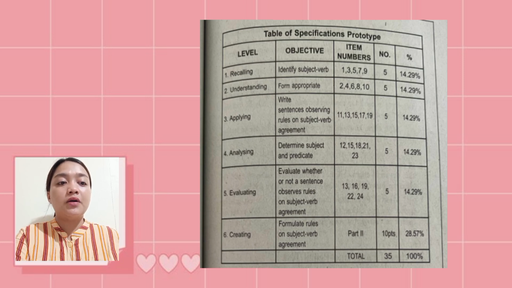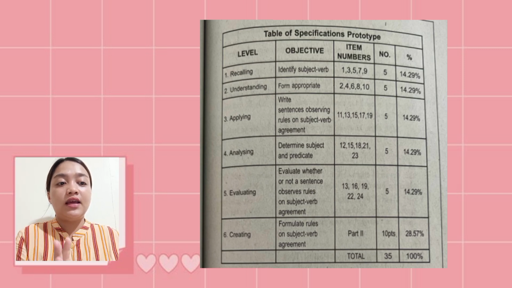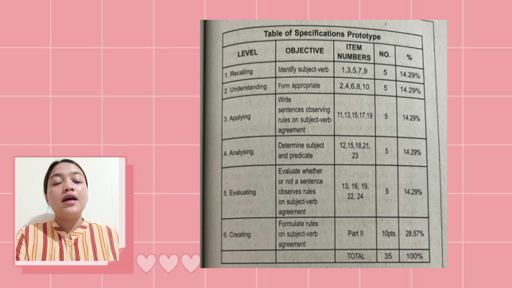So, item numbers 11, 13, 15, 17, and 19. So, 5 items also. So, the percentage is 14.29%.